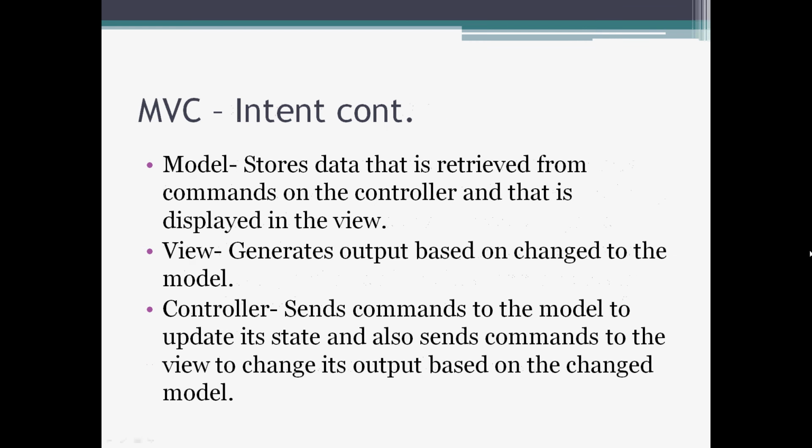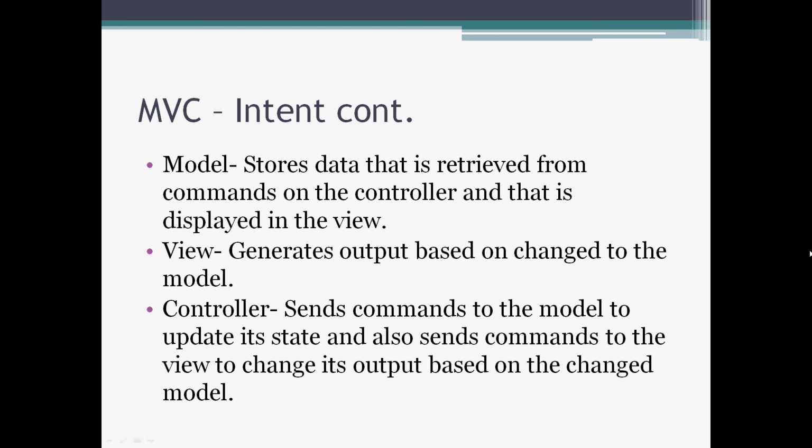And going over the three basic parts of MVC. First, the model. The model is what stores data that's retrieved from commands on the controller, and that data is displayed on the view. The view generates output based on changes to the model, and the controller sends commands to the model to update its state, and it also sends commands to the view to change its output based on that changed model.